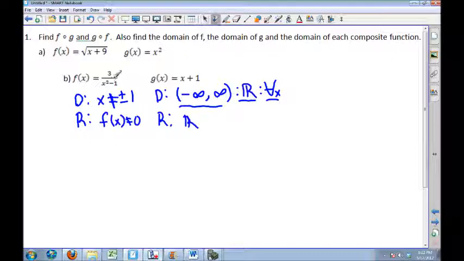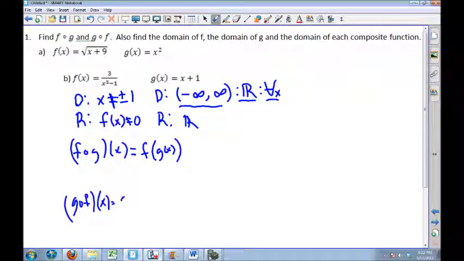Now I'm going to find my compositions. F composed with g of x, which is f of g of x, and g of f of x, which is g evaluated at f of x. My domain for the first one will be all of my values of x that I can plug into g.